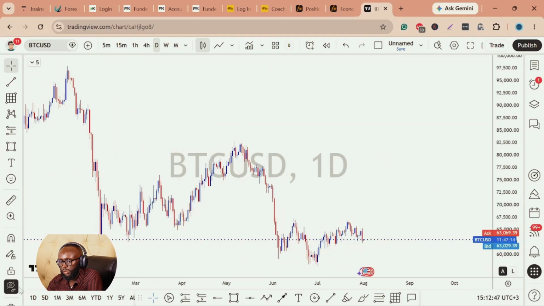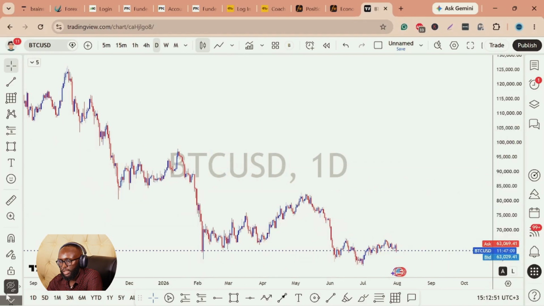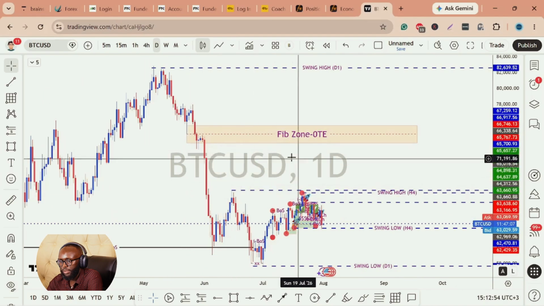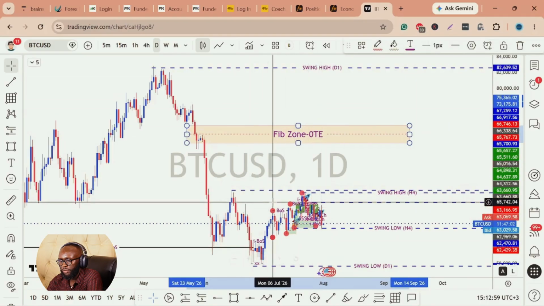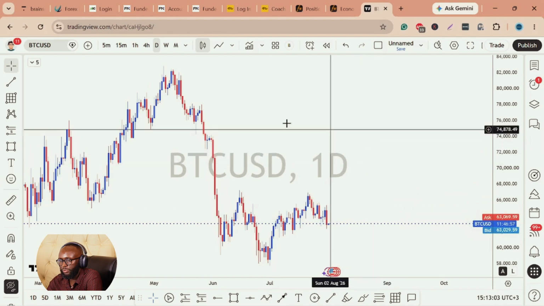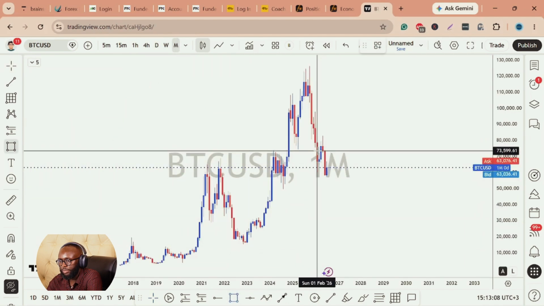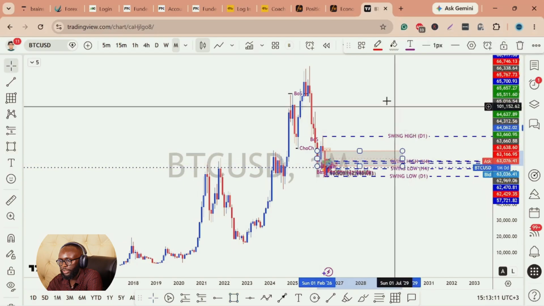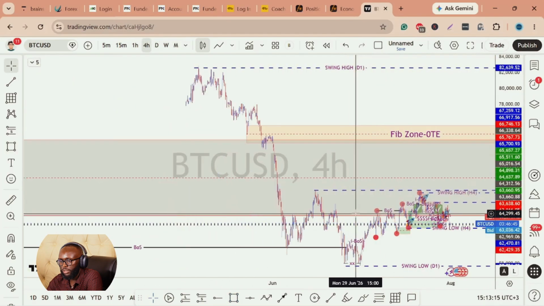Probably what I'll be looking forward to for this coming month of August is a retracement based on these daily swing high and swing low. If we can have BTC pulling deeper a little bit to fill the imbalance from the monthly time frame context, then that will be interesting before we can start going short. So let's see if this one plays out from the lower time frame.